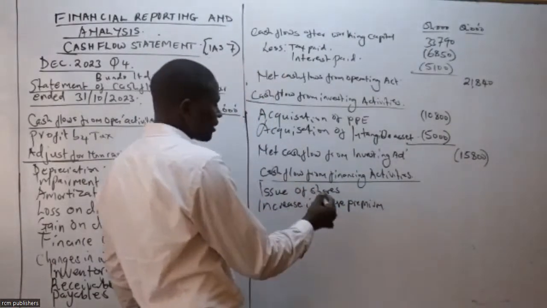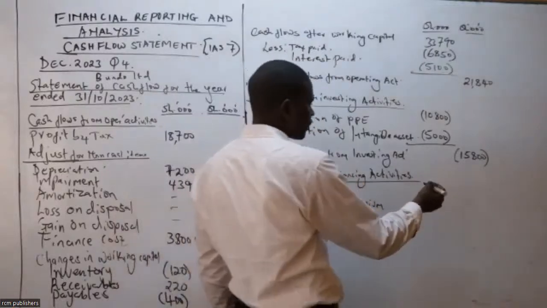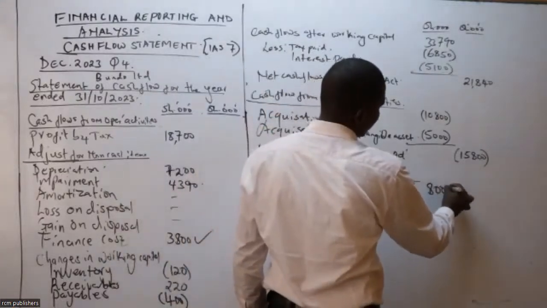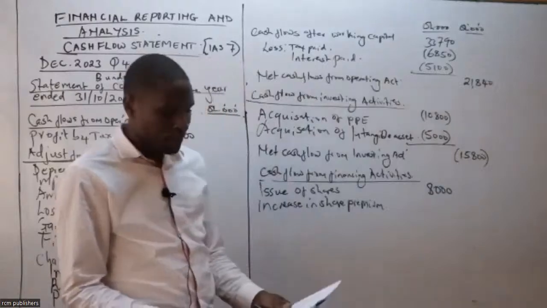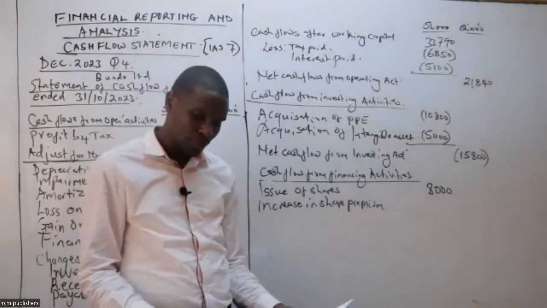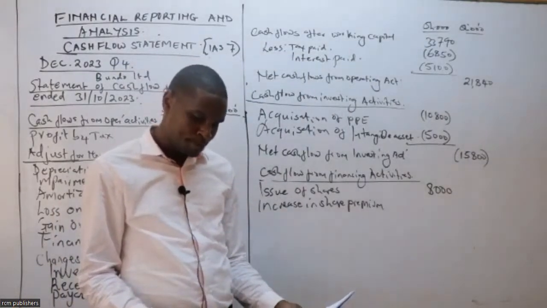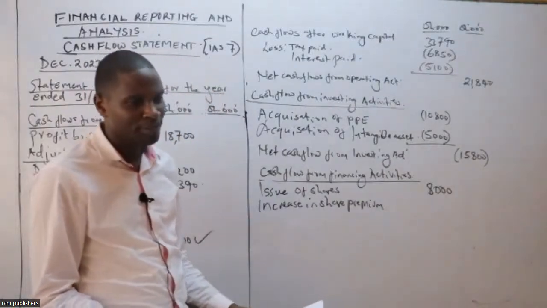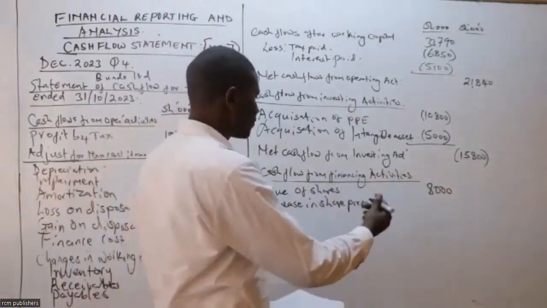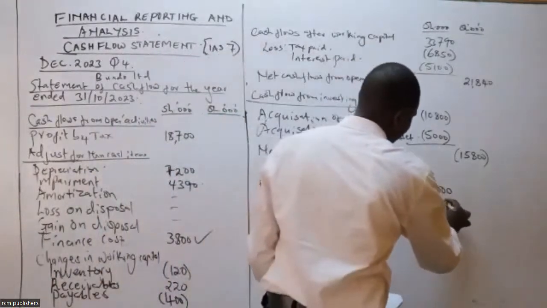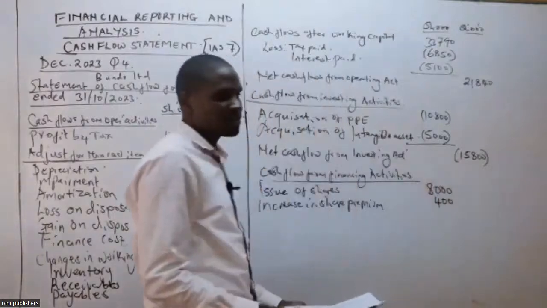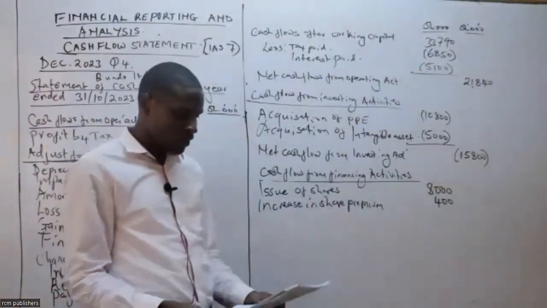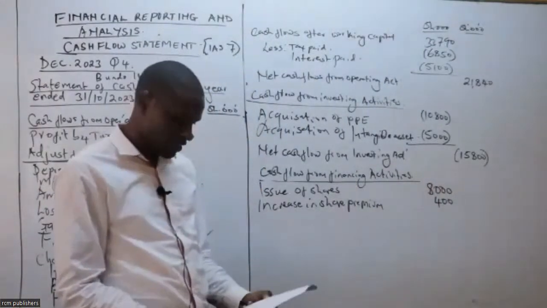So if I look at that, I have 40,000 minus 32,000, it will give me 8,000. Can you give me the value of our share premium? Tuko na 3,000 and then mwanzo tulikuwa na ngapi? 26. Therefore, there was increase of 400 like that. Done. Then we look at the other item that we have been given here.